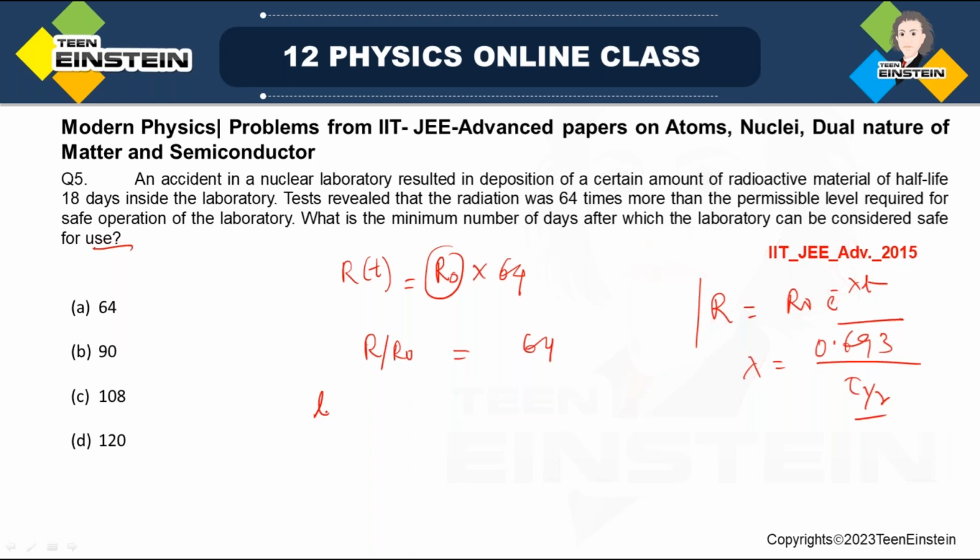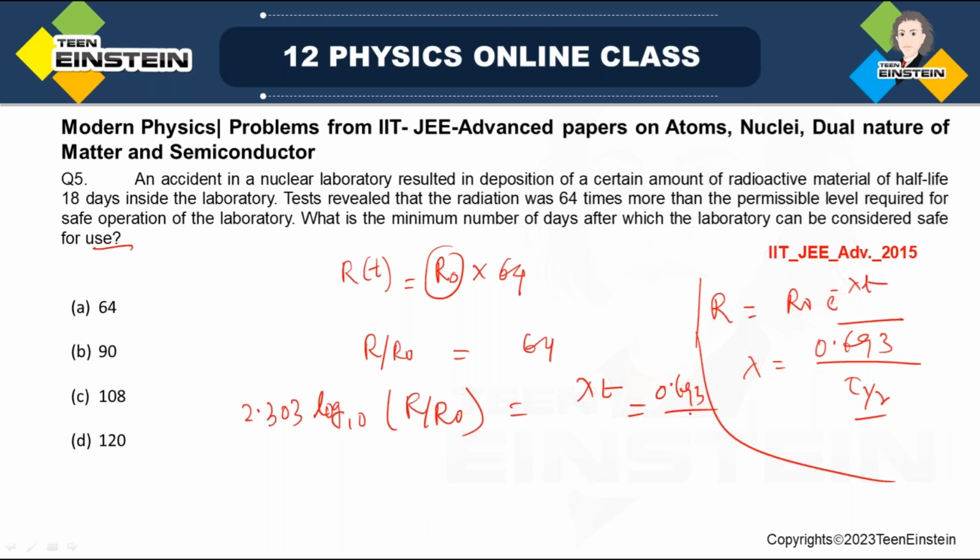If we take logarithm of both sides, with base 10 it gives 2.303 log of this, which is, taking the magnitude, lambda t.